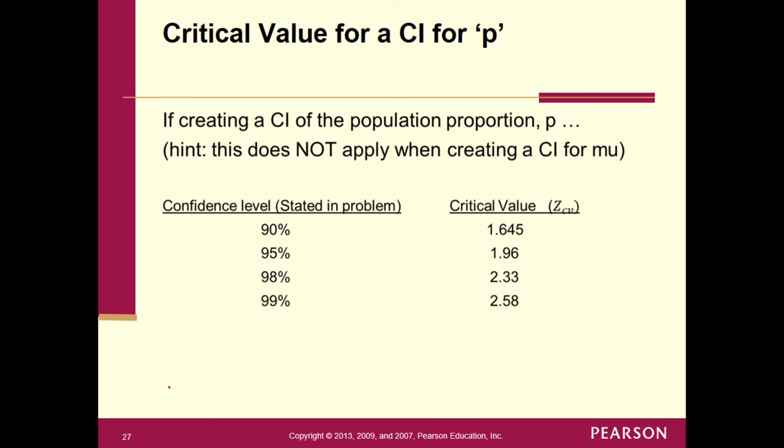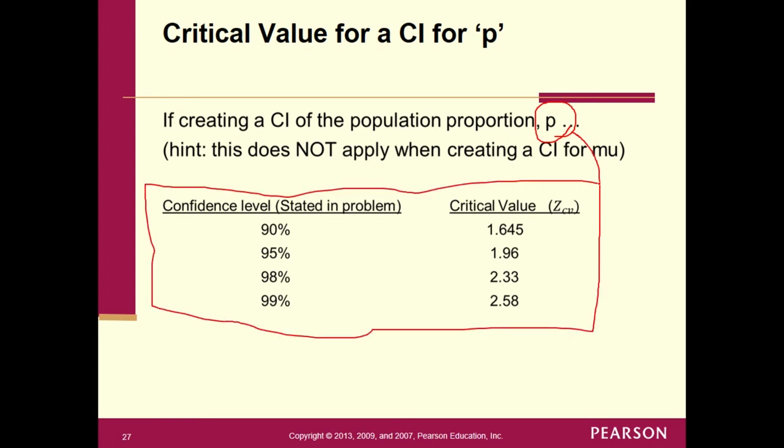Then I've also seen 98 and 99. 98 would be 2.33, 99 would be 2.58, and again, this is just when creating a confidence interval for the population proportion P. It's all based upon the standard normal table, and so you can use that table for the test. And when you do your homework, use these values right here. That should be good enough. You don't have to be too much more precise than that.